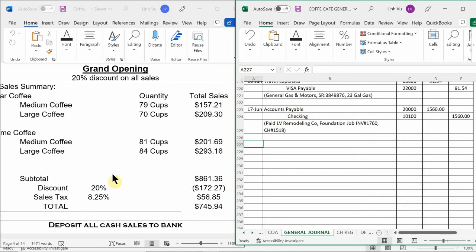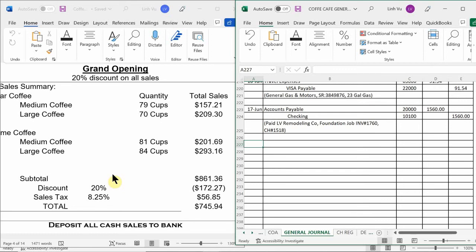We sold 70 large regular coffees for $209.30. We sold 81 medium supreme coffees for $201.69. And then we sold 84 large supreme coffees for $293.16. Of course, we charged tax.